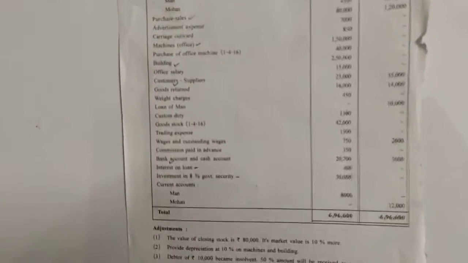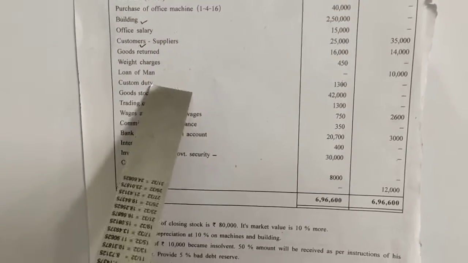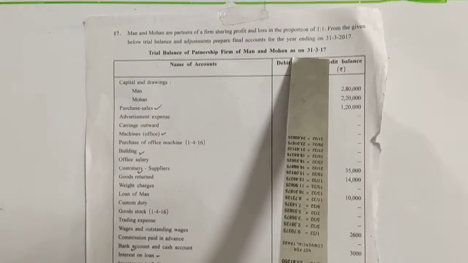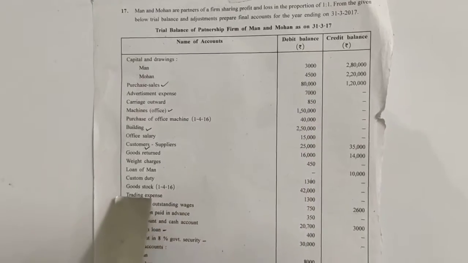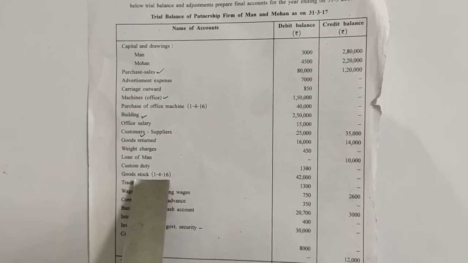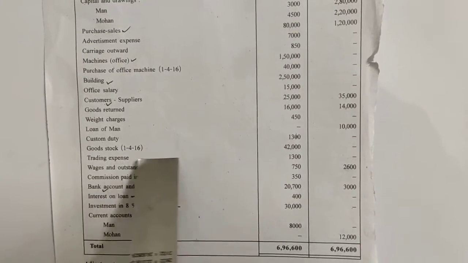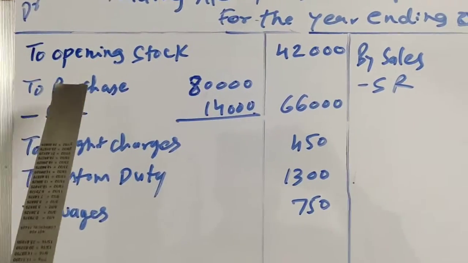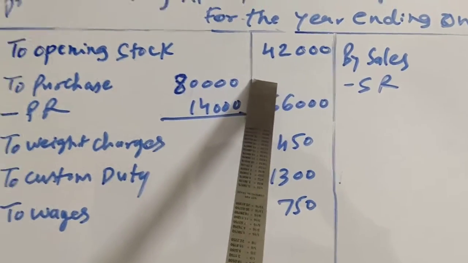Next is stock of goods as on 1/4/2016, and we are making final account on 31/3/2017. That is what? This is the opening date of the year. That means this 42,000 is the amount of opening stock. So opening stock 42,000.